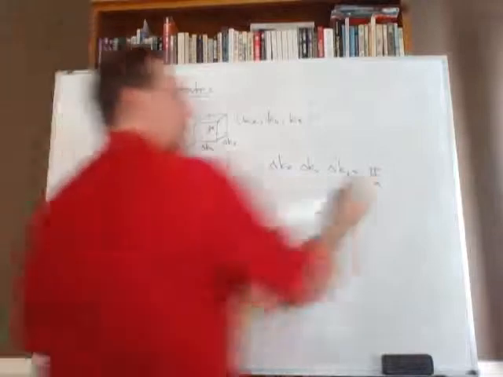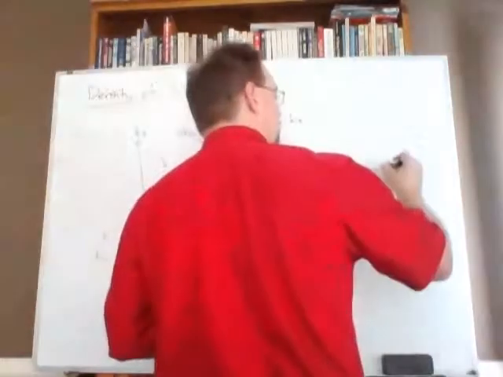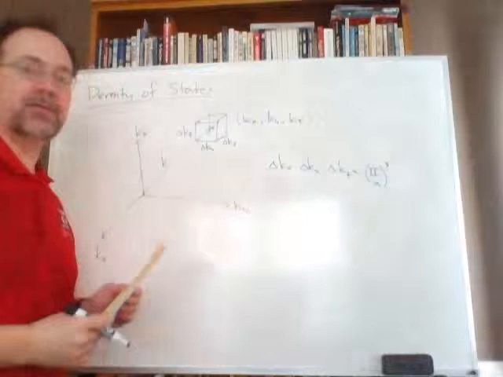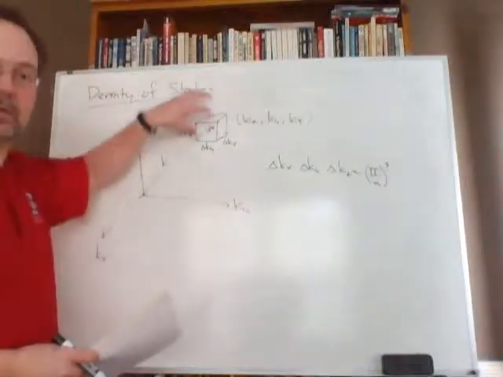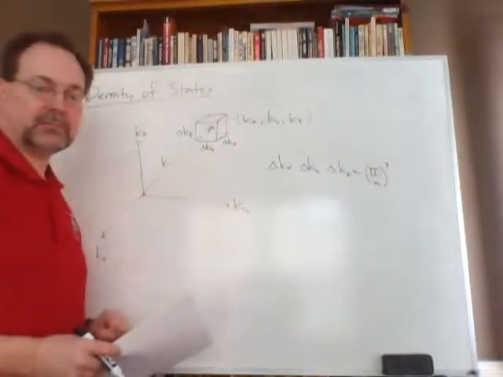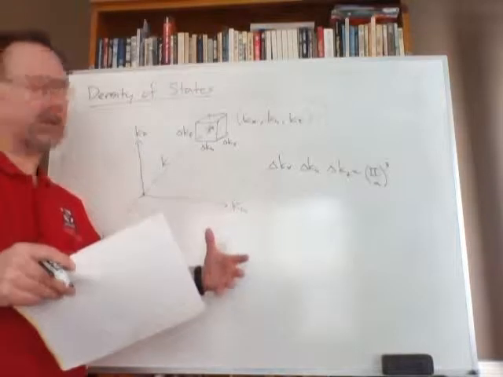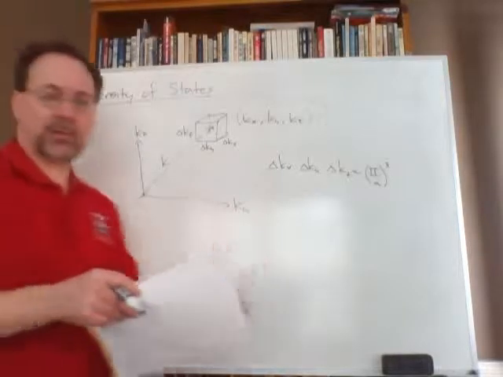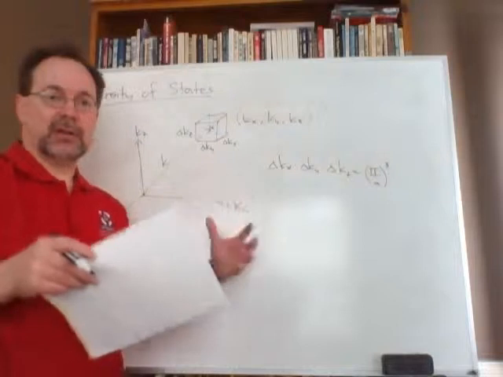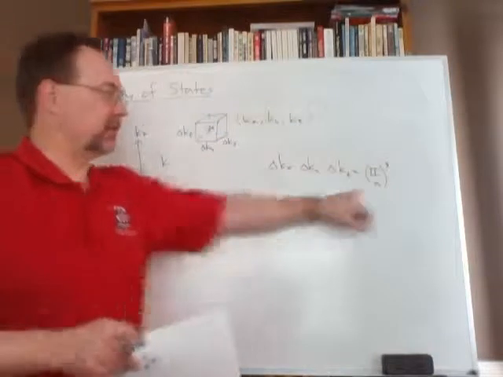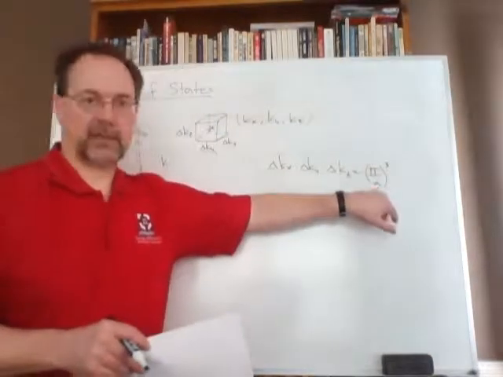Each one of those is pi over a, so we get pi over a cubed as the volume of this cube in k space. Now if our original cube in regular space were not a cube, but rectangular with different side lengths, then this would have different side lengths in it.